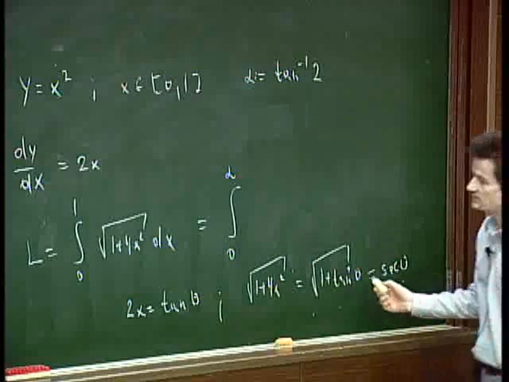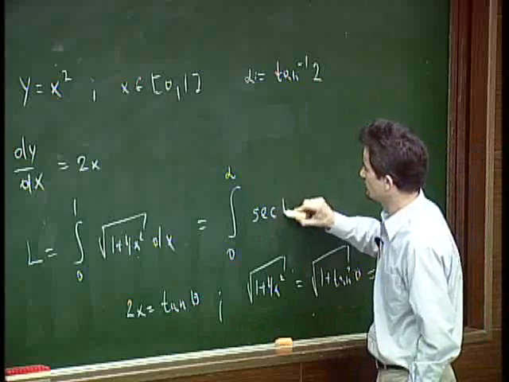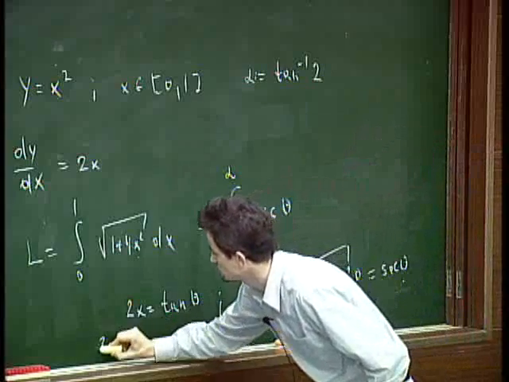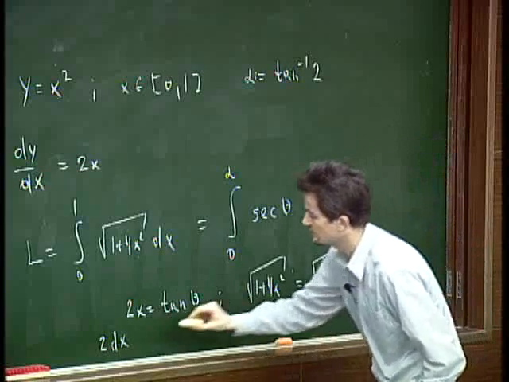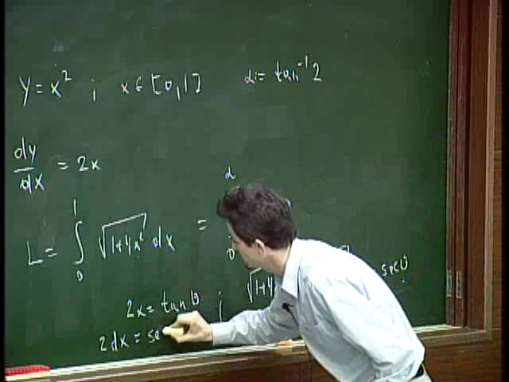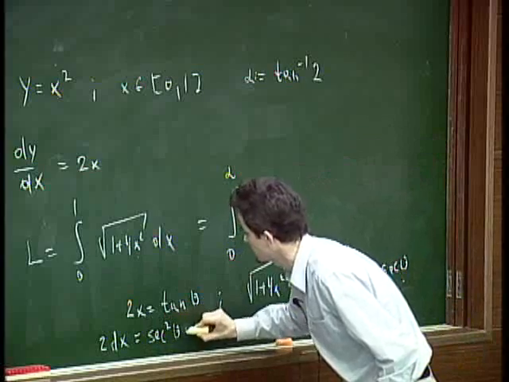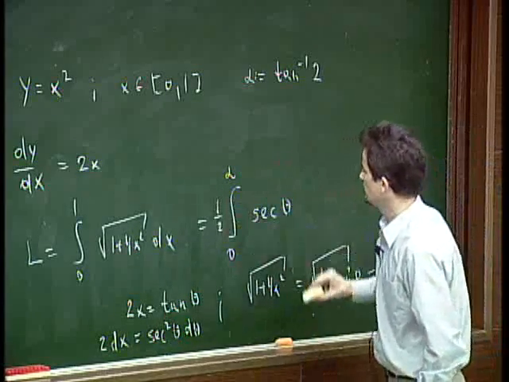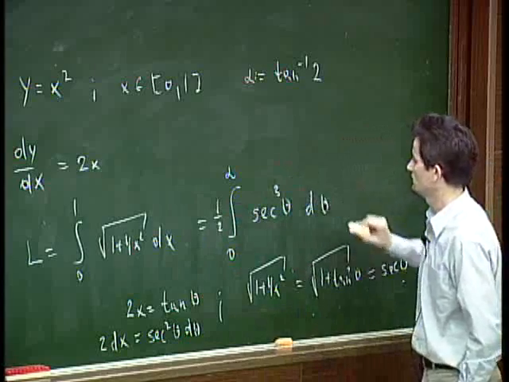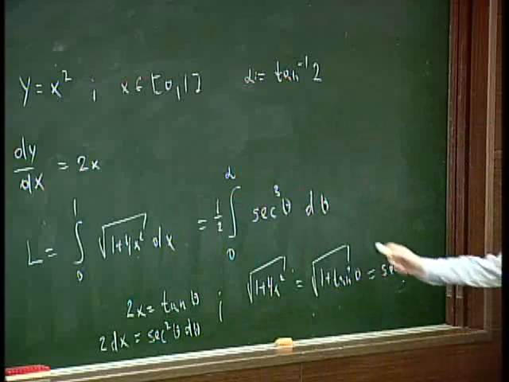And now you plug this in here, so you have a secant of theta. What we have to do as well is to transform the dx. So 2 dx is equal to the derivative of the tangent, which is the secant squared of theta, d theta. So you plug this in and you get here 1/2. And okay, also this is easy for us.